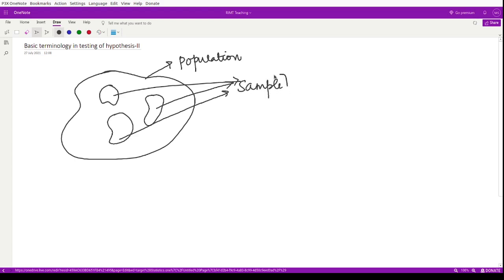We do the statistics on the sample, make decisions on the basis of the results of this sample, and then predict certain things about the population. This is the funda in the testing of hypothesis that we already studied.